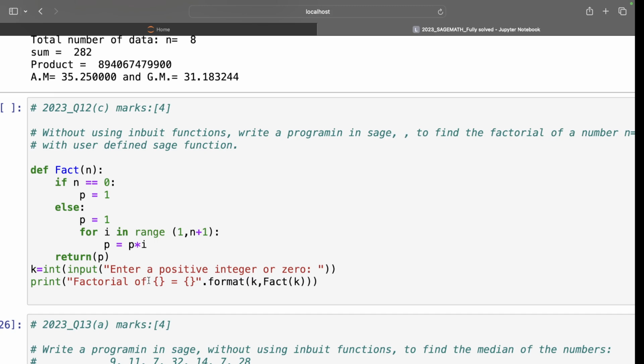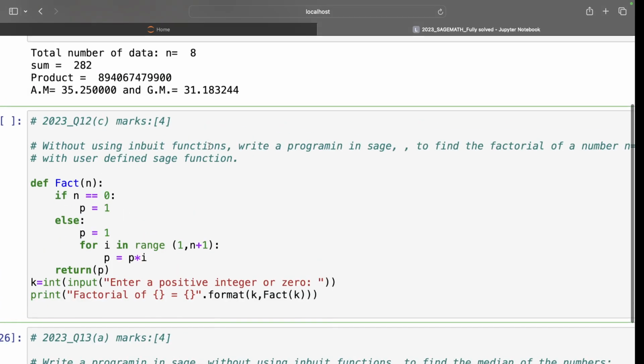Print factorial of k, where k is the input integer. Call this function fact(k), which is defined as here. If n equal to 0, factorial n equal to 1, else the product equals p into i, p into 1, p into 2, and so on.